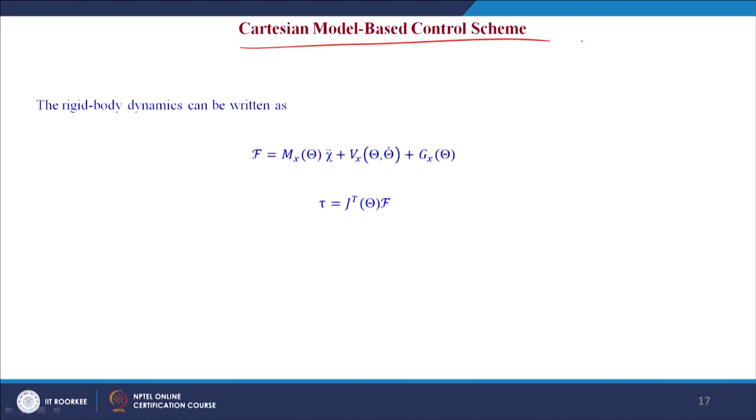So far we have seen the joint space model based control scheme, and this is the Cartesian model based control scheme.